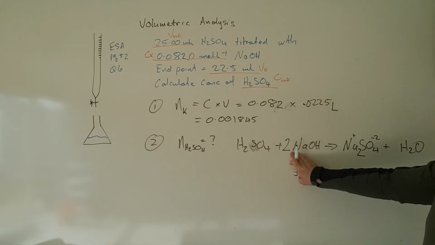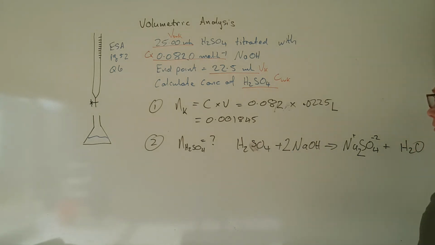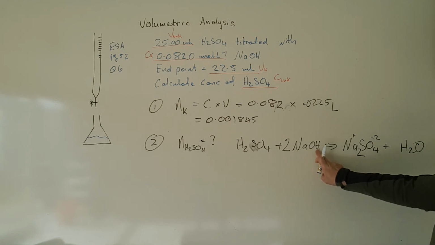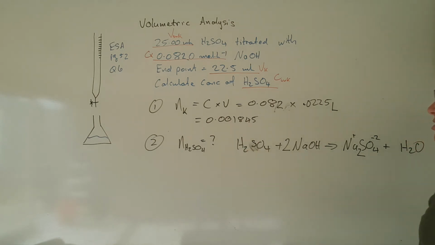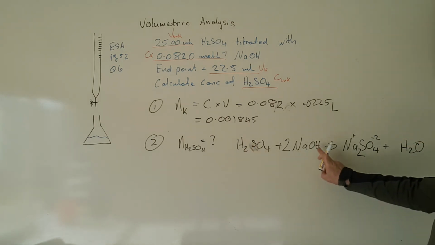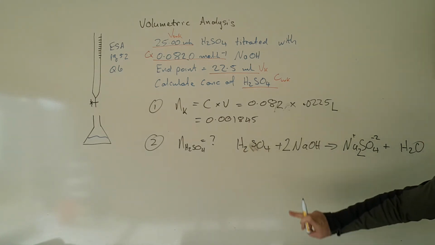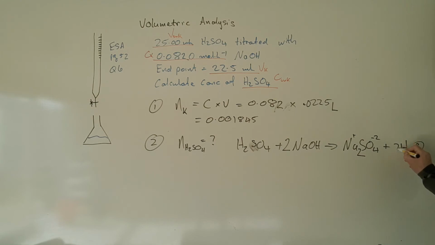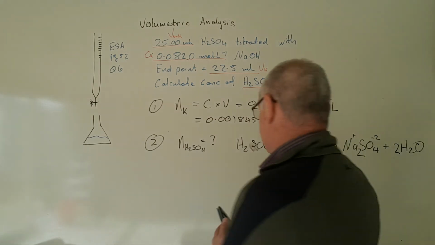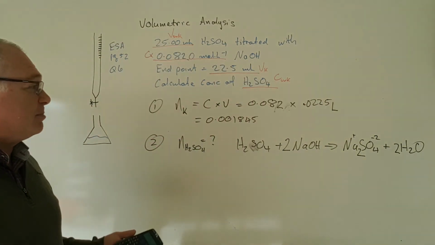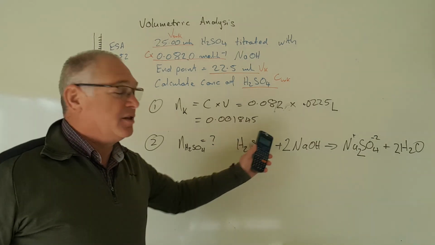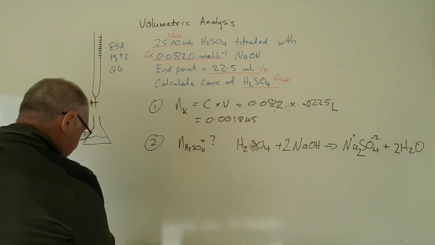So that takes care of my sodiums and my sulfate. I'm now left with 2 hydroxides and 2 hydrogens. 1 hydrogen goes with 1 hydroxide to give me 1 water. So 2 hydrogens goes with the 2 hydroxides to give me the 2 waters. So my equation is balanced with 1 sulfuric acid with 2 sodium hydroxides.